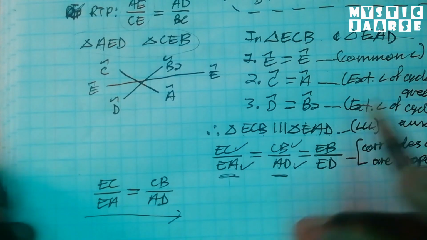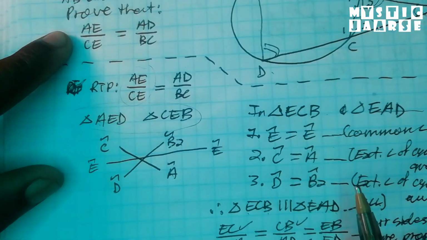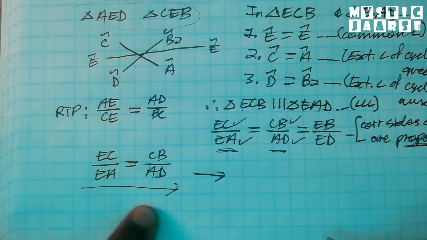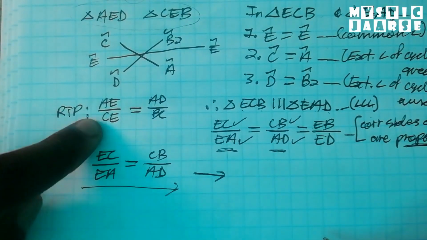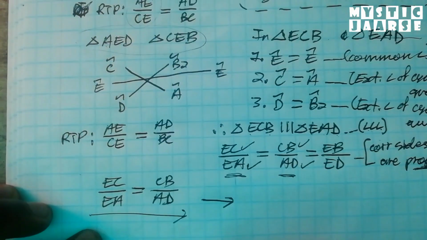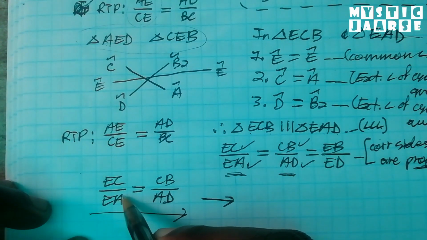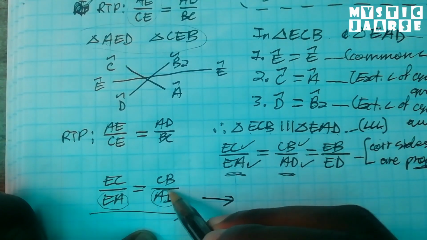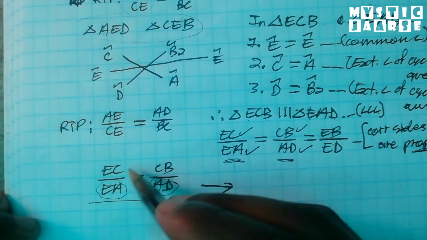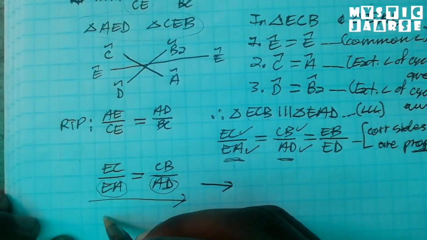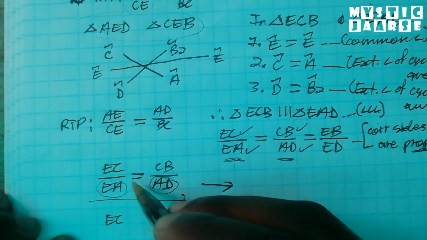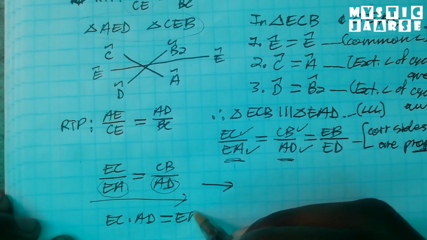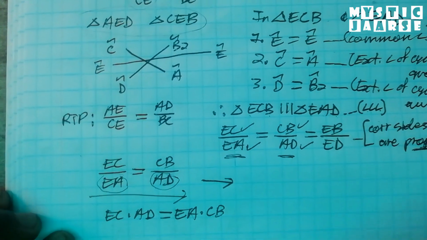Now, is this the same as what they asked us to prove? No, it's not. So what we have here is not exactly the same as what we have here. We need to make AE a numerator and AD also needs to be a numerator, so we need to rearrange this. So let's cross multiply. We have EC multiplied by AD is equal to EA multiplied by CB.